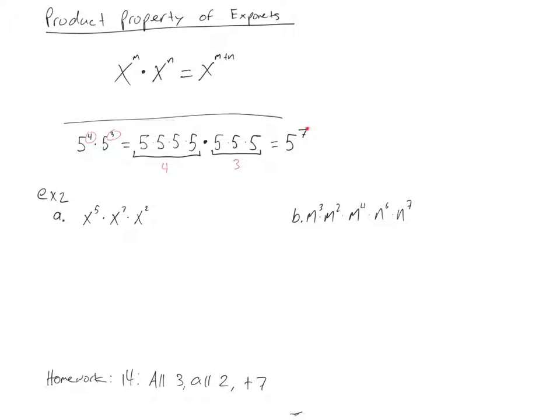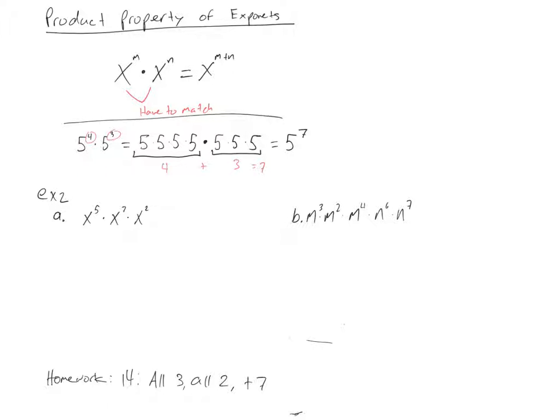Notice over here the 7 is 4 plus 3, so that's how we got that exponent. So these x's are the base, and the bases have to match. Then you just add those exponents to get the new exponent.